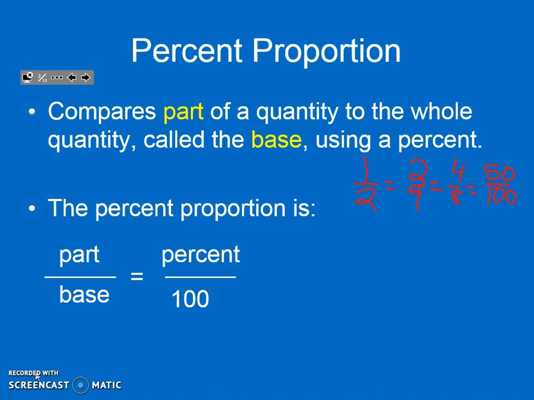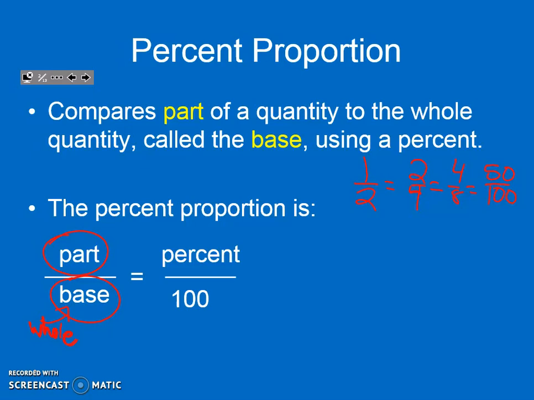So percent proportion is basically comparing a part to a whole, or the base. Okay, so remember, this is whole. Now, we want to compare this to a percent. A percent is always per 100. We always want to focus on the percent being part of 100.